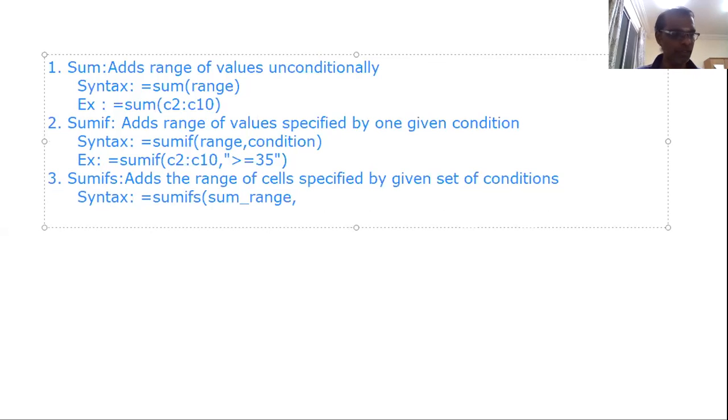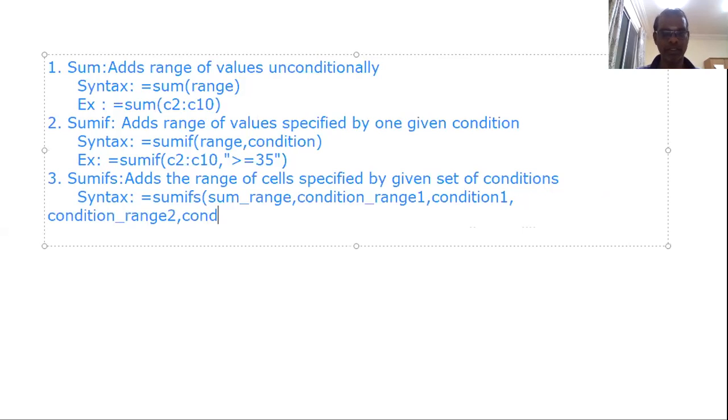Here we should have condition range 1, comma, condition 1, comma, condition range 2, comma, condition number 2. Similarly, we can have so many conditions here.